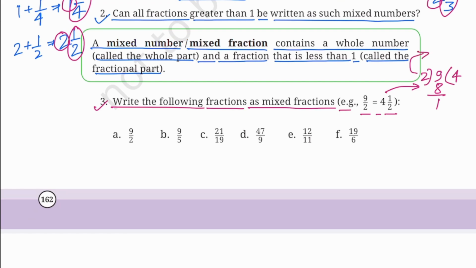You already know 2 is the divisor, 9 is the dividend, 4 is the quotient, and 1 is the remainder.